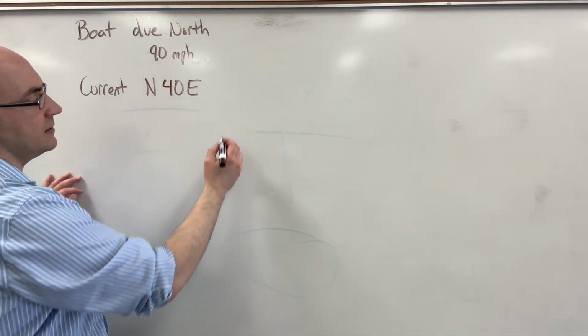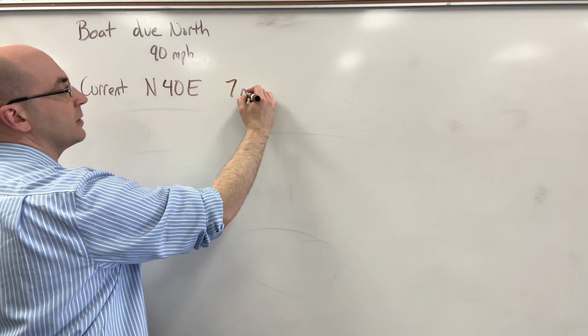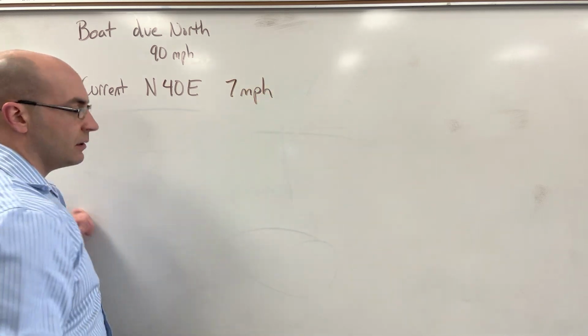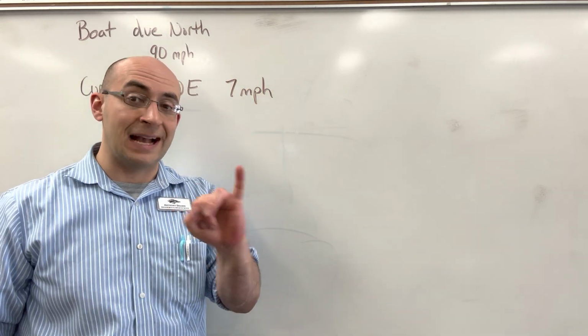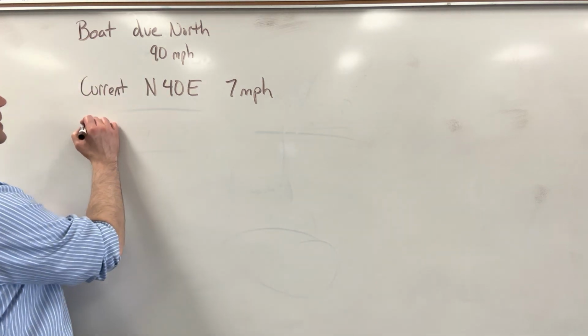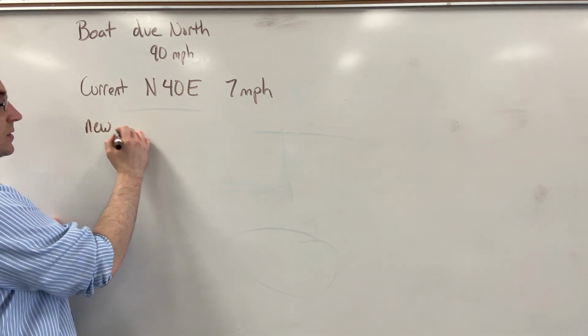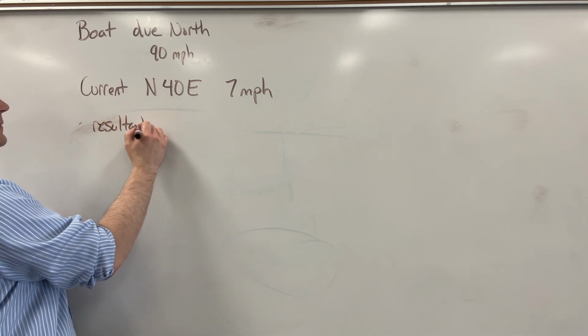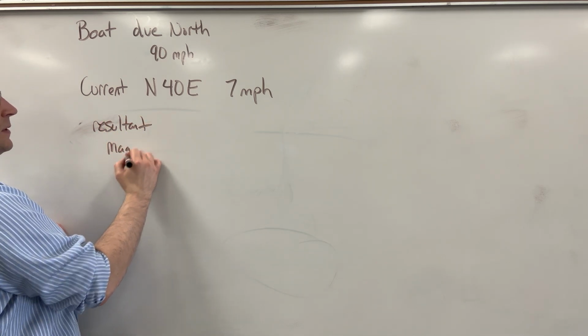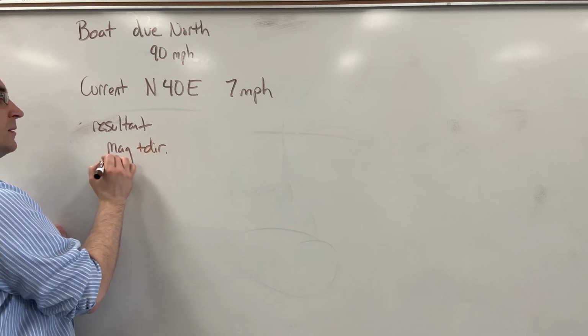And it's traveling at 7 miles per hour. We want to find the new vector. Right? We want to find the new vector's magnitude and direction. So we need the new vector, or the resultant, we should put resultant, of magnitude and direction.